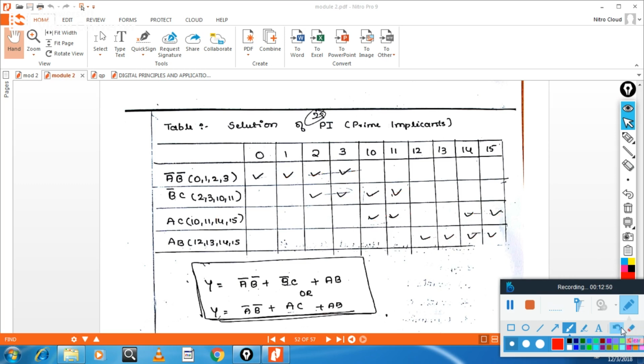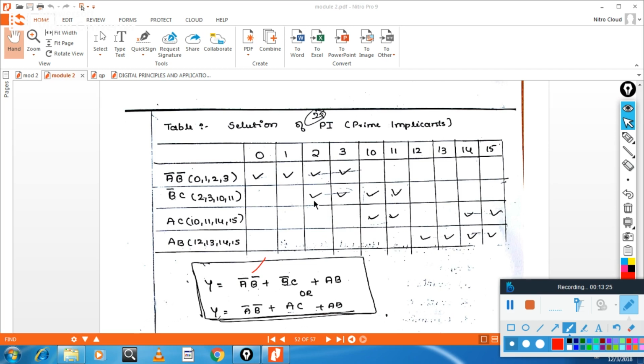Now from this I have to choose the best prime implicants that will cover all the terms of the truth table. So A bar, B bar is required, because the terms 0 and 1 are covered only by A bar, B bar. None of the others covers this term. So I have to write A bar, B bar. Now next one is this one.